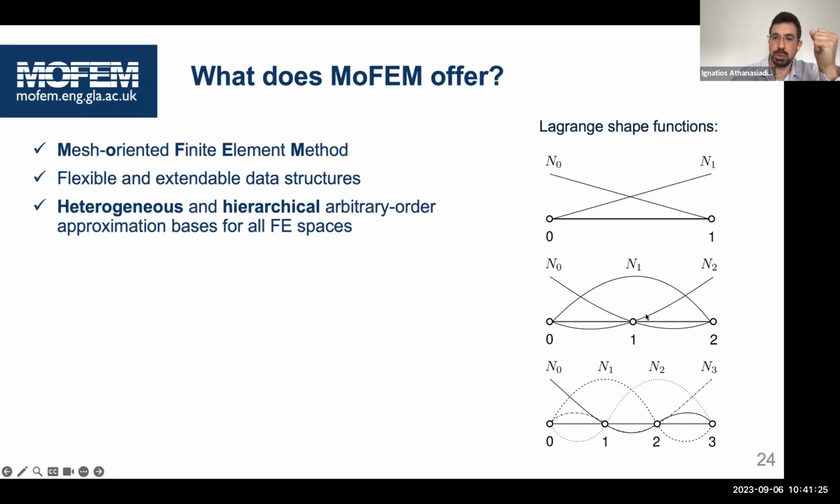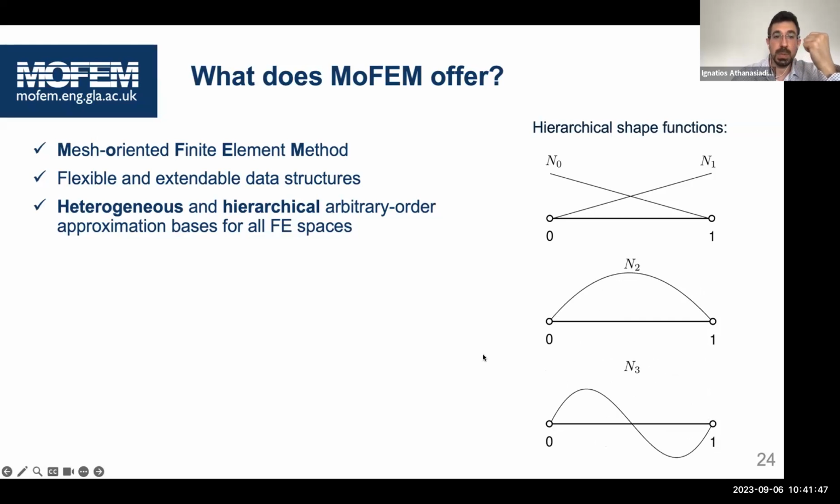For the second order we have 3 nodes, and for each one there is a shape function corresponding to it. And therefore, going from first to second order, we need to remesh. And if we go to third order, again, we're going to have 1 extra node, 4 nodes with 4 different shape functions. Whereas for the heterogeneous hierarchical base, this is not the case.